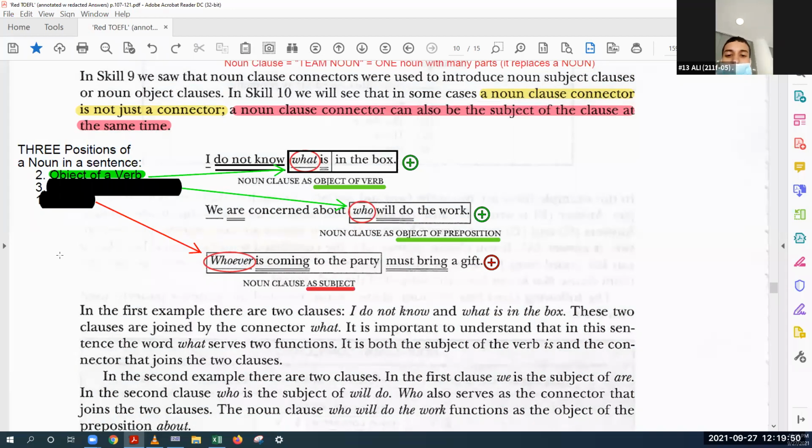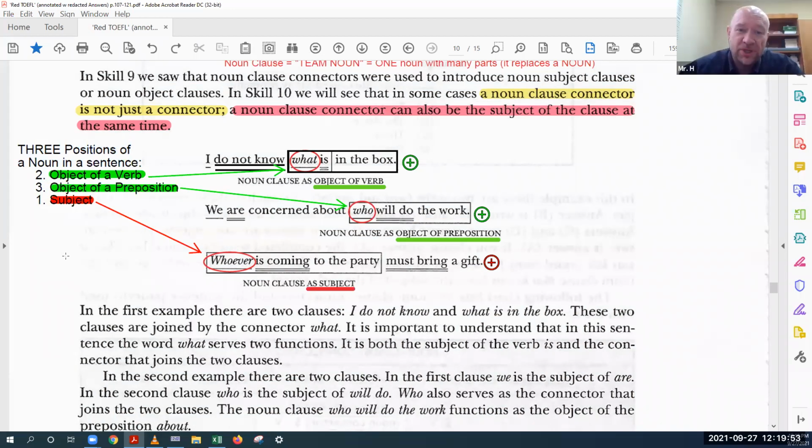Object of a preposition. Very good, okay? So how many formulas do we have in skill 9 and 10? 3 formulas, right? Each noun position has a formula, okay?